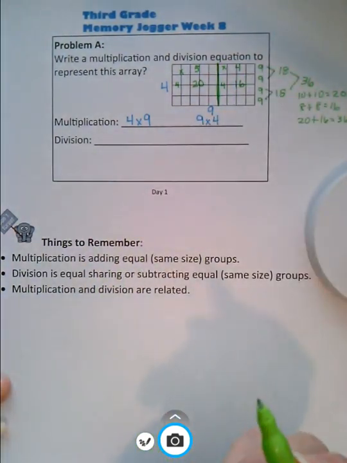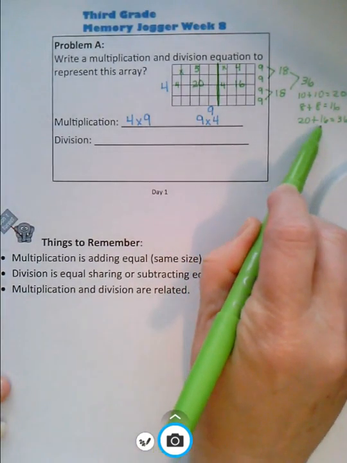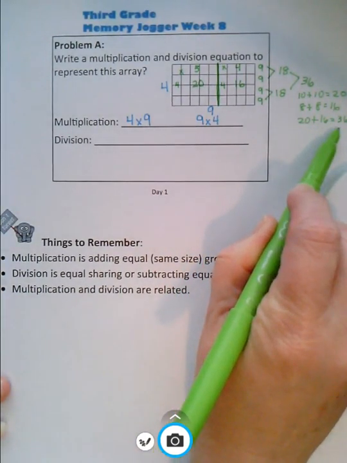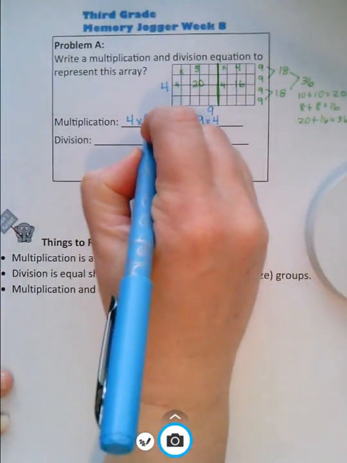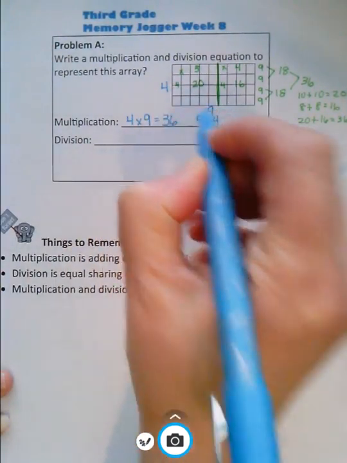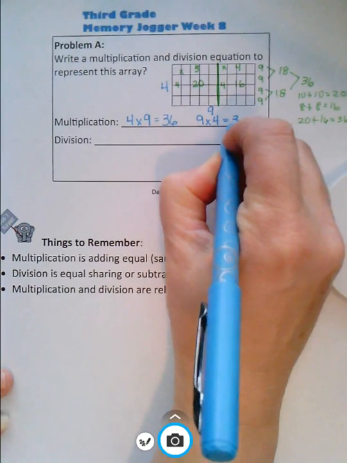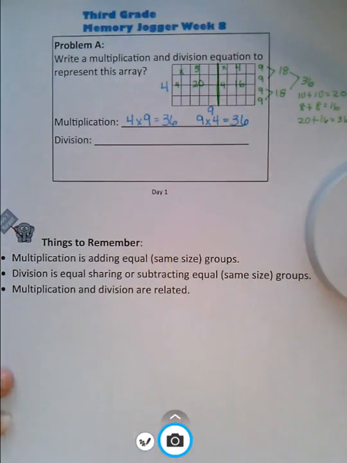So another thing that I could do is to add the 20 and 16 again and get 36. So we know that 4 times 9 would be equal to 36, and 9 times 4 would be equal to 36.